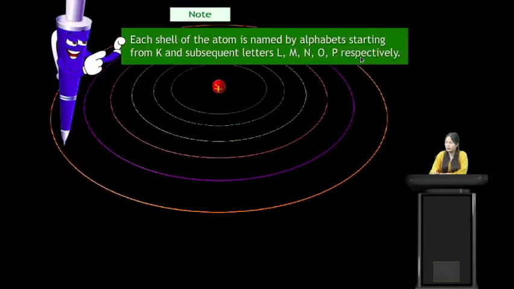The next point is that each shell of the atom is named by alphabets starting from K and subsequent letters L, M, N, O, P respectively. So the different orbits or shells in which the electrons revolve around the nucleus are named K, L, M, N, O, P, and it continues.